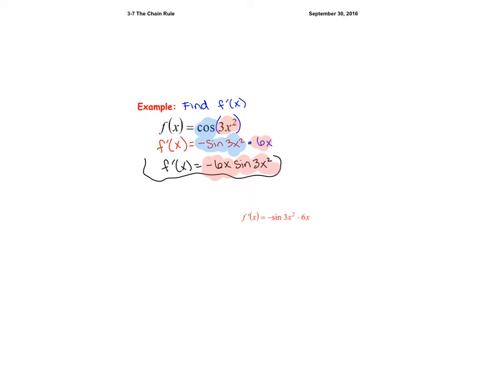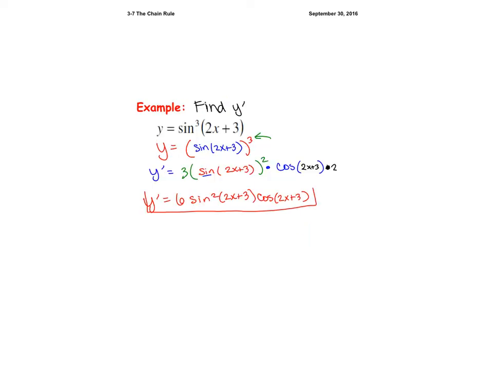Now, I want to do another one that's kind of similar. We have sine cubed of the inside function. So you pretty much have x to the 3rd to worry about first. So move that 3rd power to the outside, give you a square, and leave the inside the same.